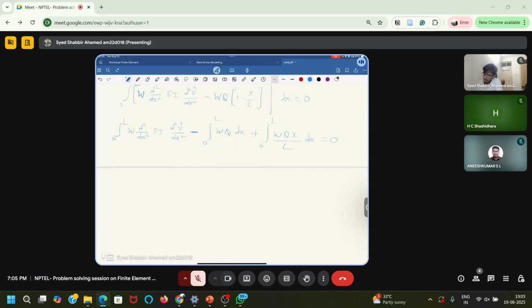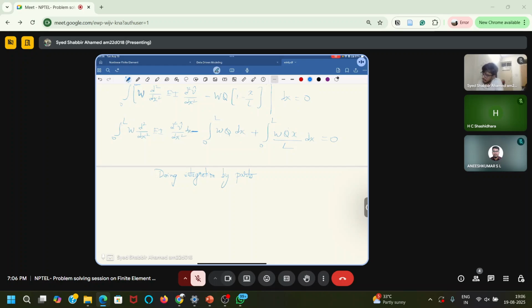Now you can see that we have this term and this term. We can integrate this by parts, and let's see what we get. So doing integration by parts, I will have this as my u here and this as my v.